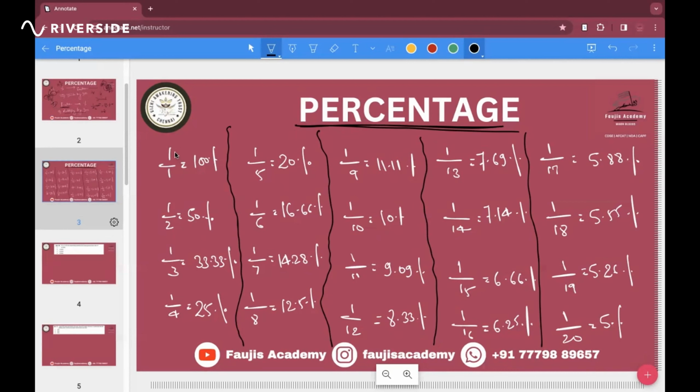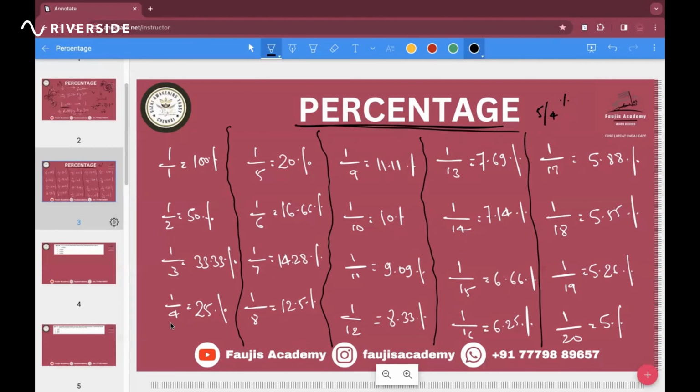This 1 by 1 is 100%, right? 1 by 2 is 50%. 1 by 3 is how much? 33.33%. 1 by 4 is 25%. If somebody asks you what is 5 by 4 in percentage, how much is that? Tell me without calculating.